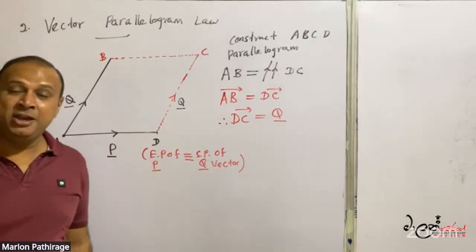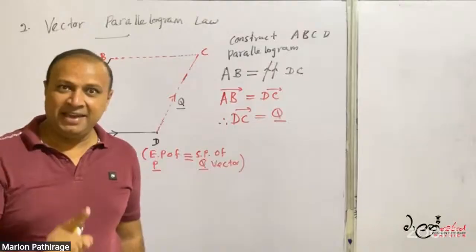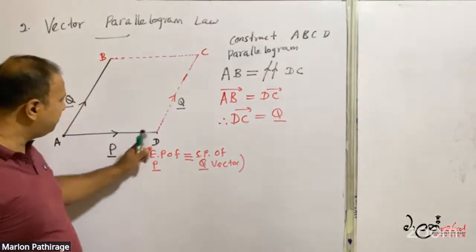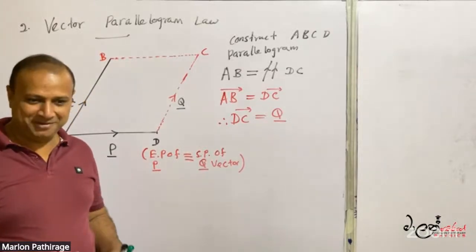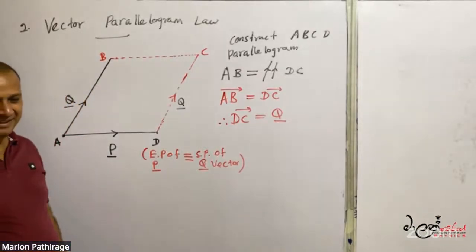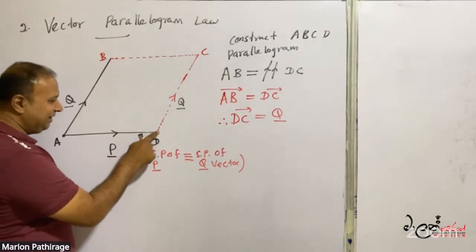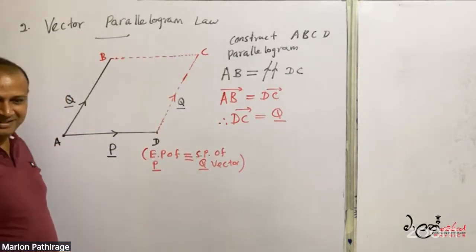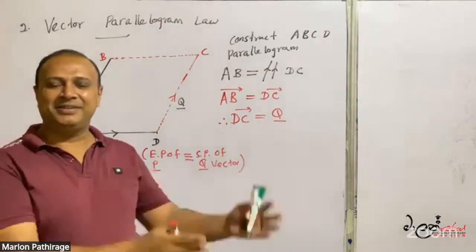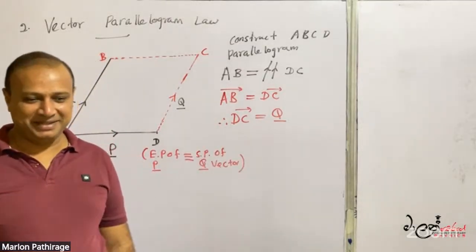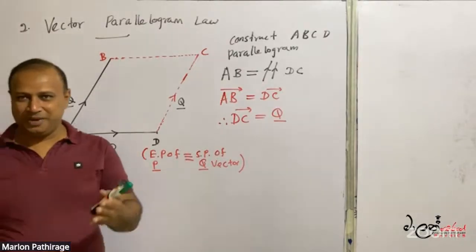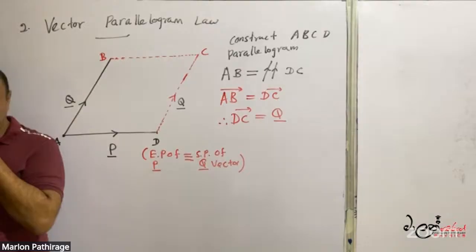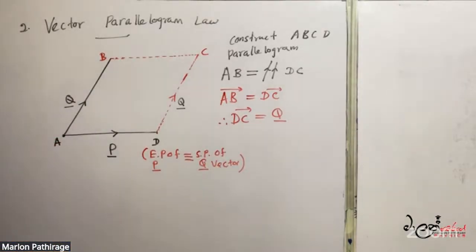Now tell me, what is the addition vector of P and Q? What is the vector that represents P plus Q? Now AD plus DC. So what is the vector that represents P plus Q? Give me an answer. AC.